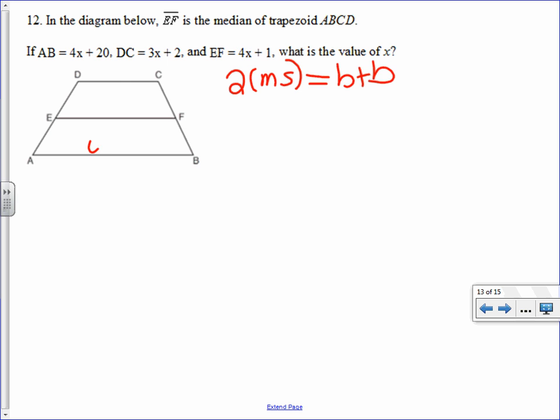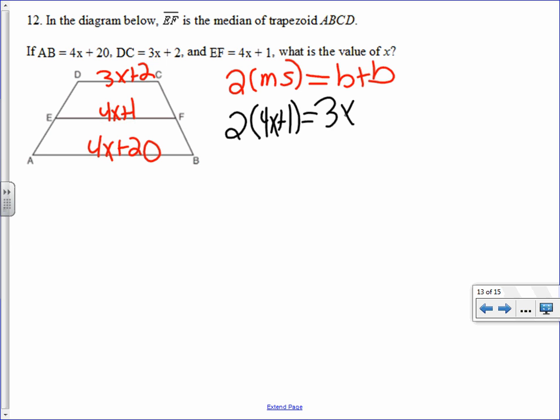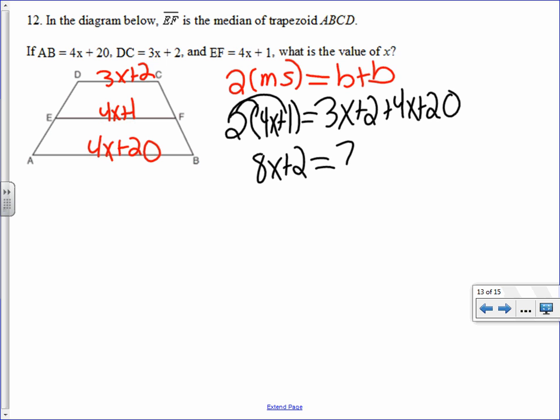AB is 4x plus 20. DC is 3x plus 2. EF is 4x plus 1. 2 times the midsegment equals 3x plus 2 plus 4x plus 20. 8x plus 2 equals, combining like terms, 7x plus 22.